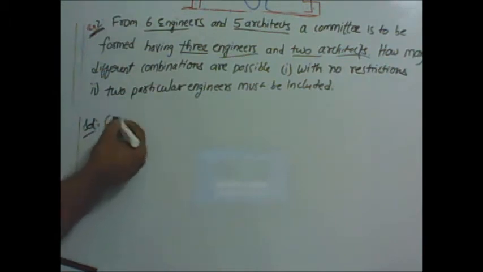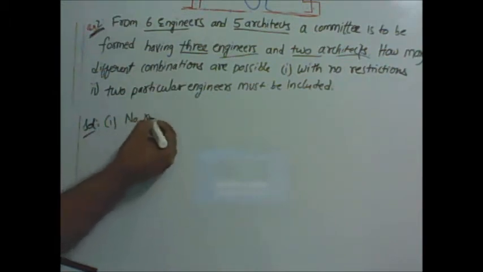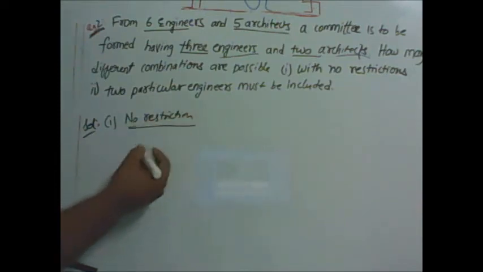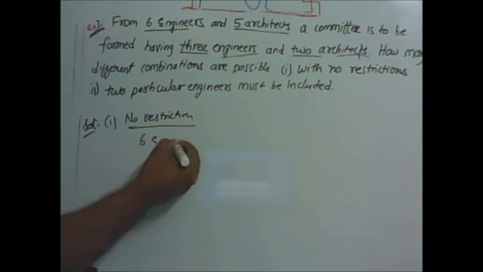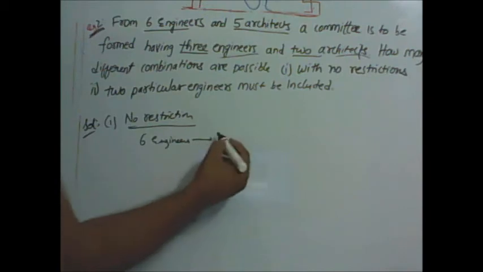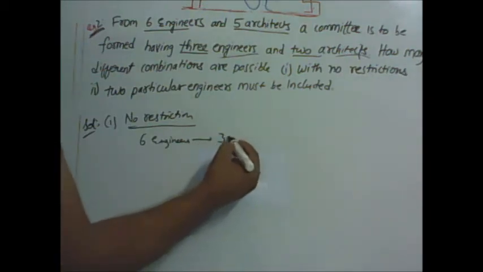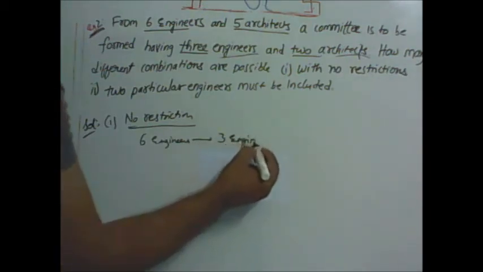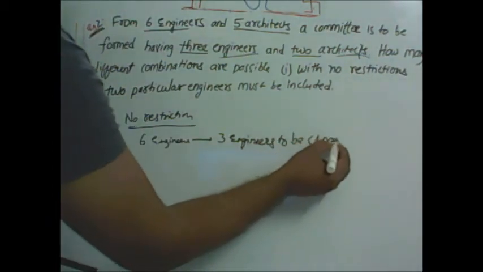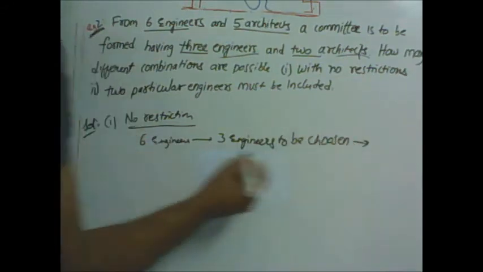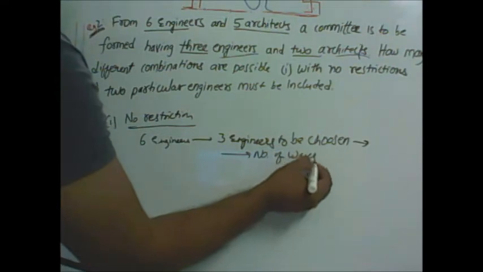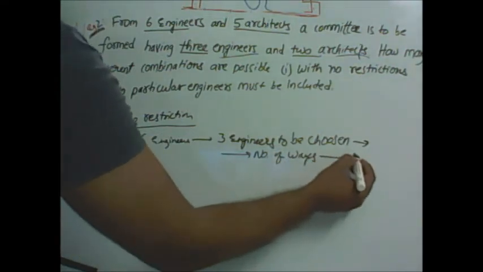So first, when there is no restriction, we have 6 engineers. From 6 engineers we have the freedom to choose. And how many do we have to choose? 3 engineers to be chosen. Then the number of ways to choose them is nCr.